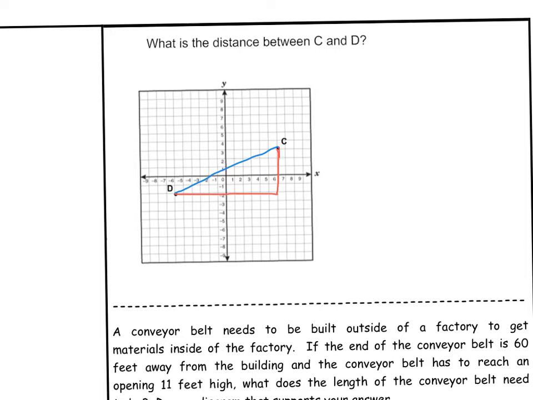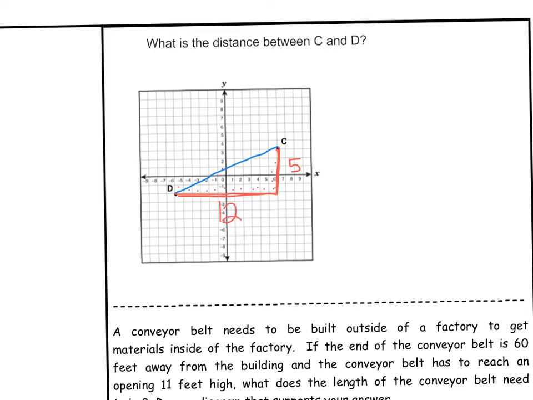So looking at this side right here, I have 1, 2, 3, 4, 5 squares in between. And looking at this bottom leg, I have 1, 2, 3, 4, 5, 6, 7, 8, 9, 10, 11, 12.